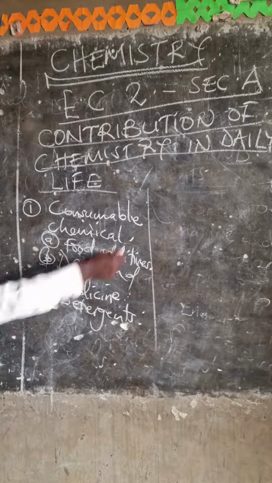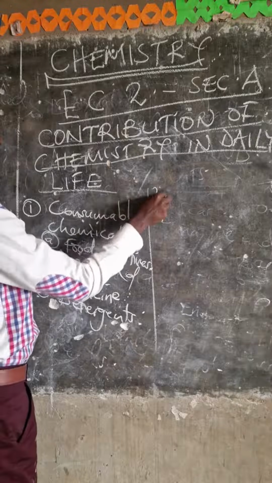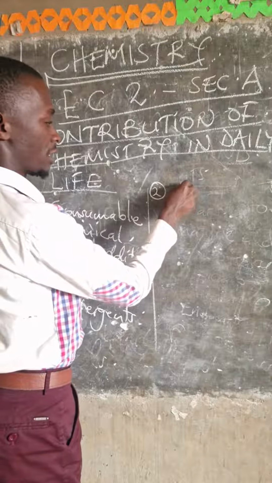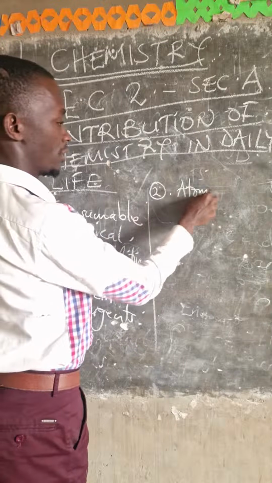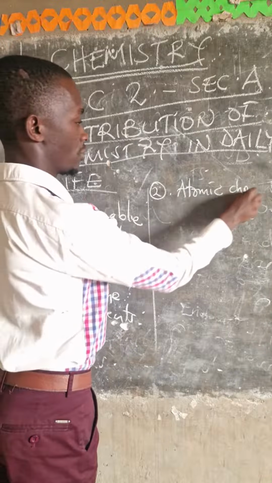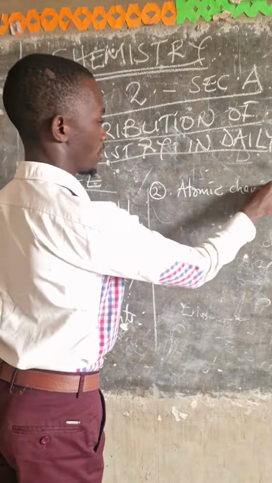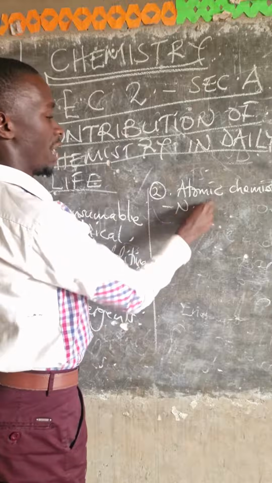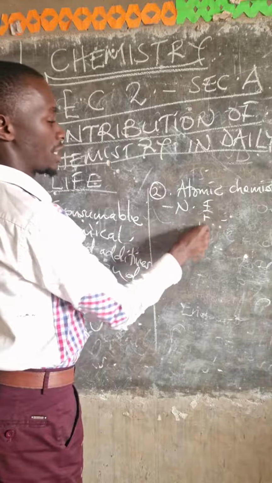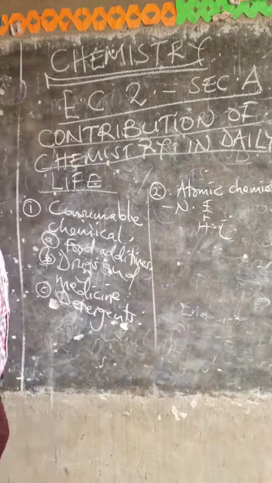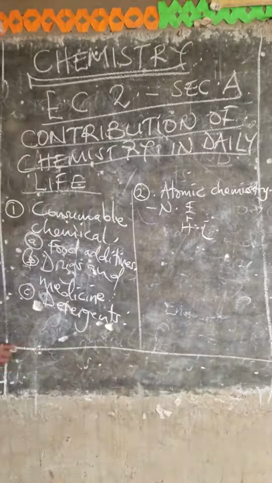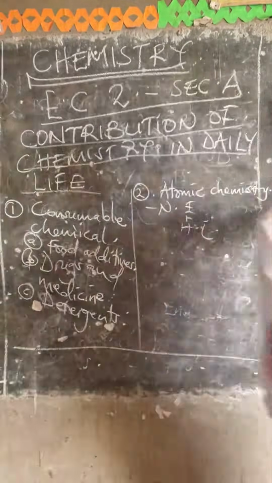Still under this element of construct, we shall have a look at atomic chemistry, where we shall look at nuclear fission and fusion, the half-life and so many other things.